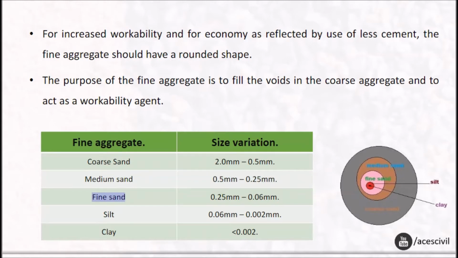Fine sand: 0.25 mm to 0.06 mm. Silt: 0.06 mm to 0.002 mm. Clay.